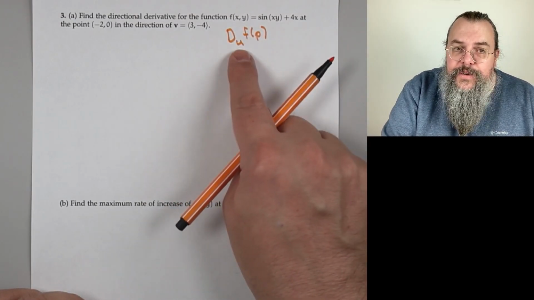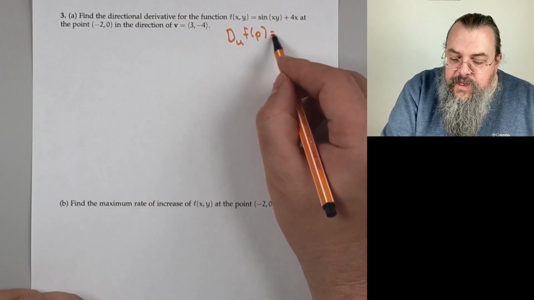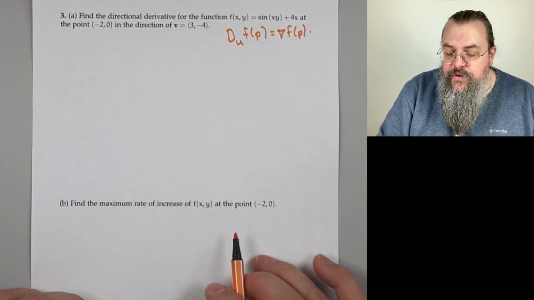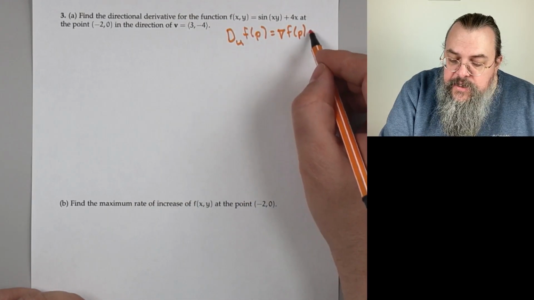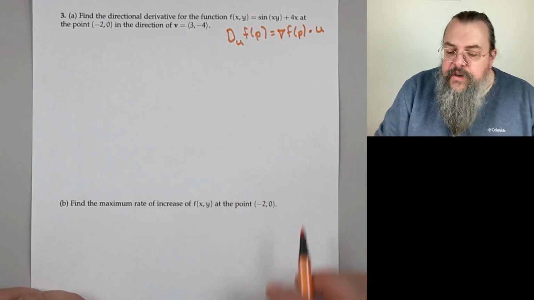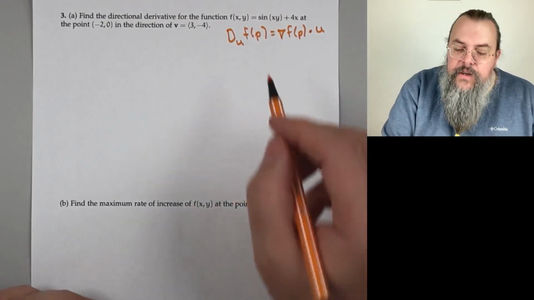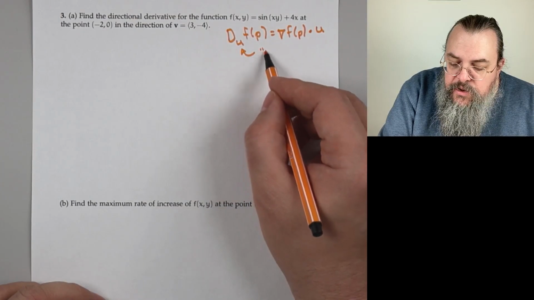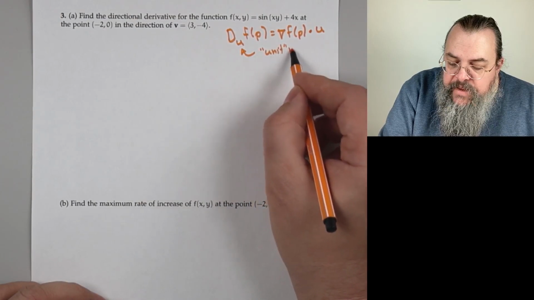What's the point? What's the direction? That is the gradient of f at P, because gradient is a great substitution for derivative, dotted with the vector that represents our direction. Now, u is good to remember, we want this to be a unit vector.